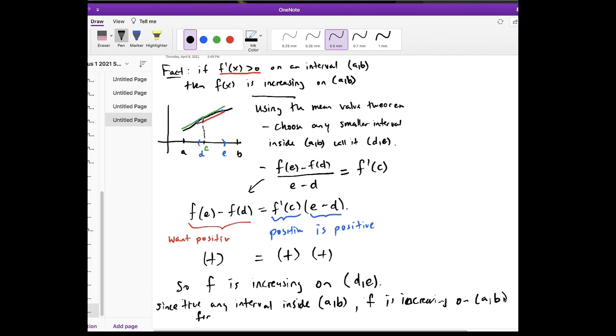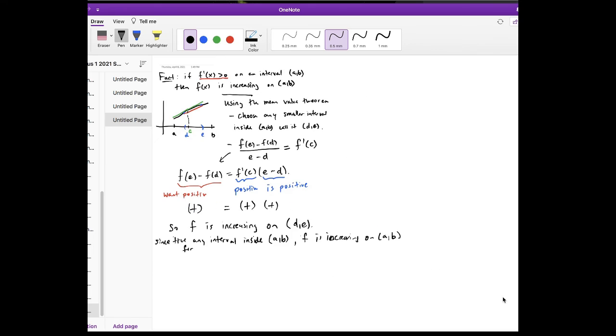Okay, so I'm not going to do the proof for negative because it'll just be mirrored. But if f prime of x is negative on an interval, then it pretty much mirrors out, and this term would be negative, right?